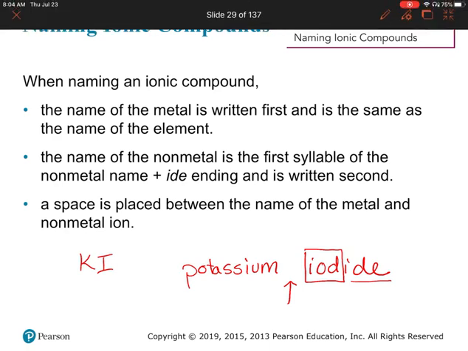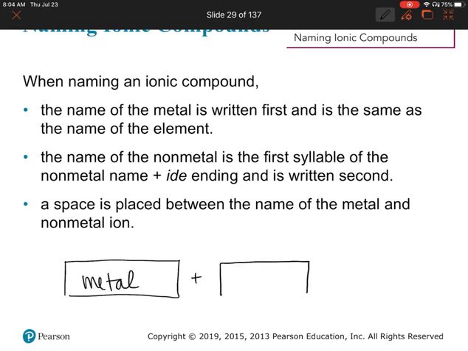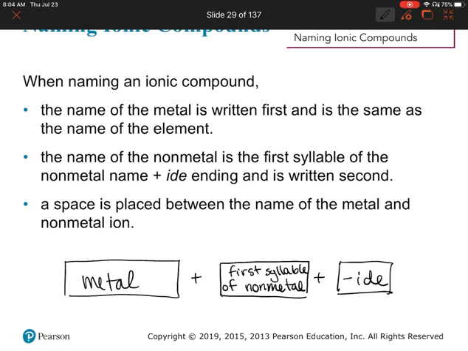Okay, so I'm also going to write this in a slightly different way than the instructions show. One good way to remember this, let's draw a box and write metal. And then we write the first syllable of the nonmetal, and we add IDE on the end.